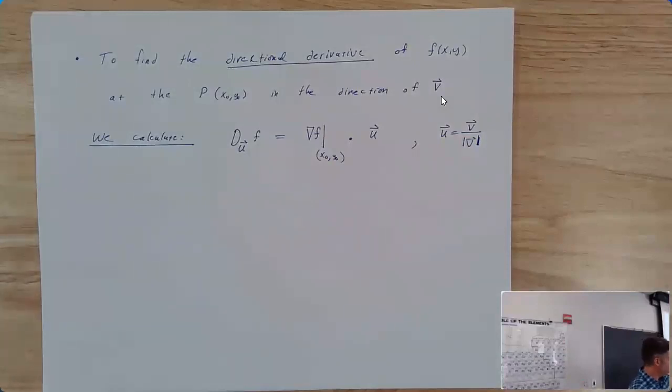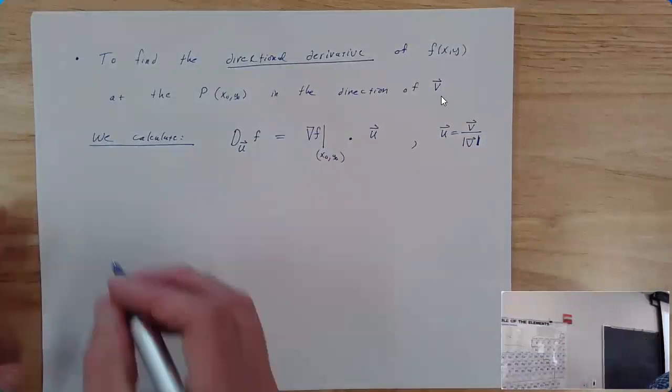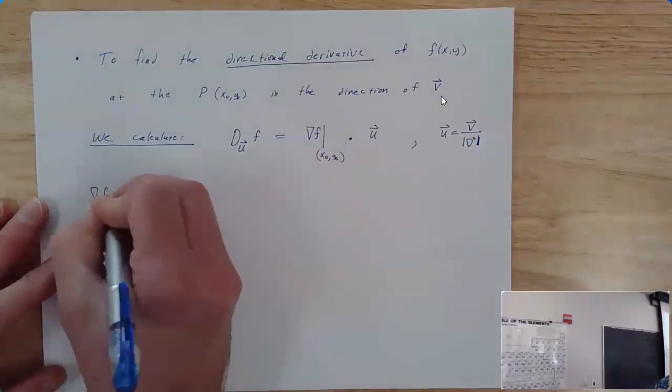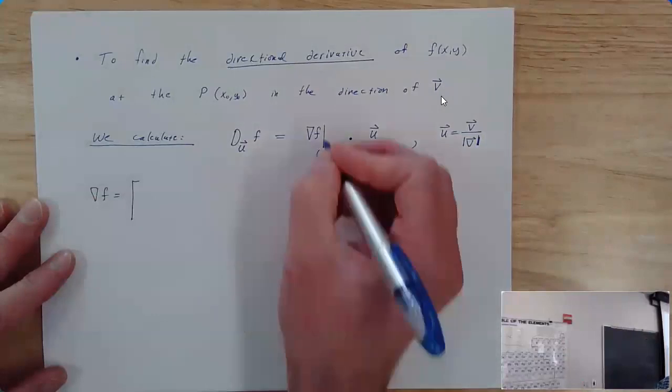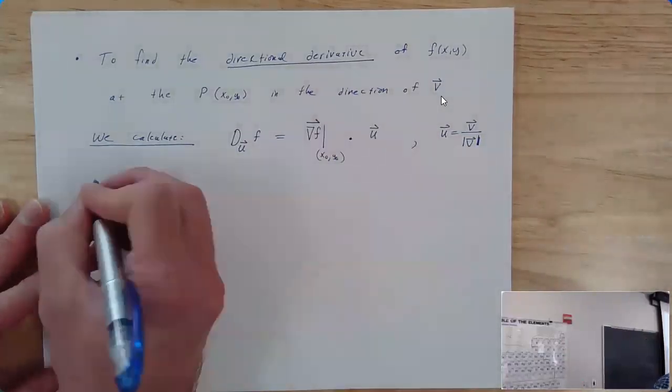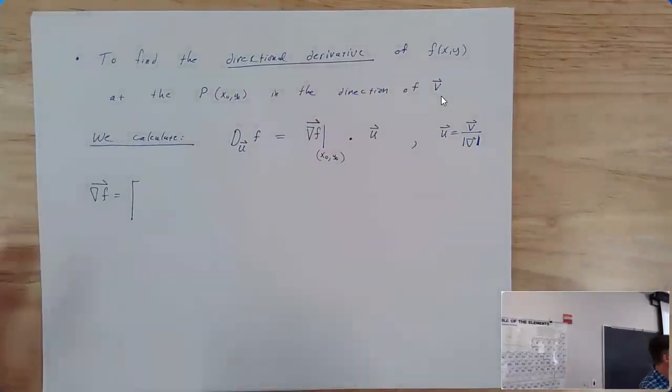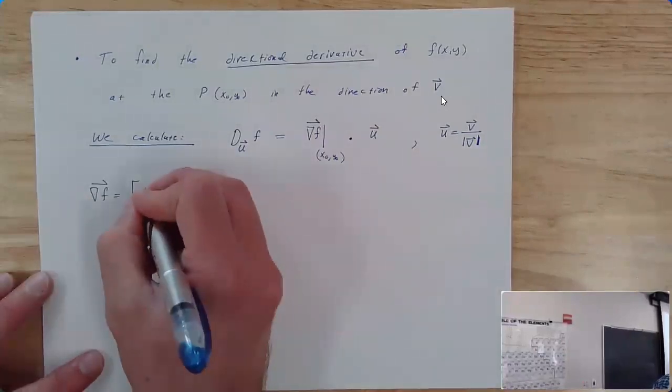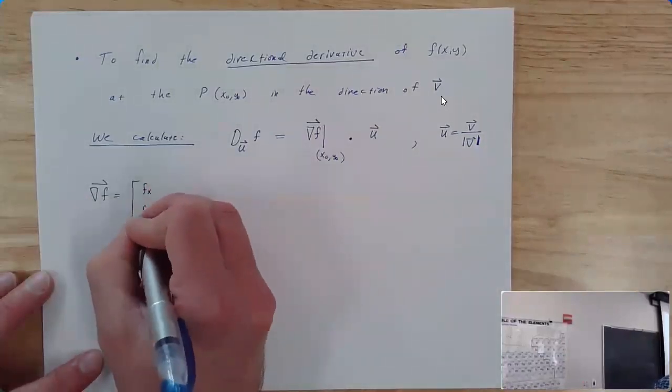Let's do one quick example. And actually I should point out, just so everyone's cool with this, the gradient of a function, once again, is just a, oh, I should write it as a vector with a little arrow over it. The gradient of a function is a vector, and it's the vector consisting of partial derivatives.